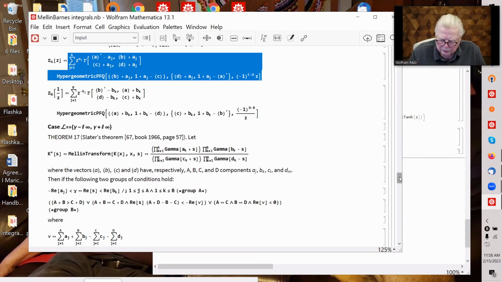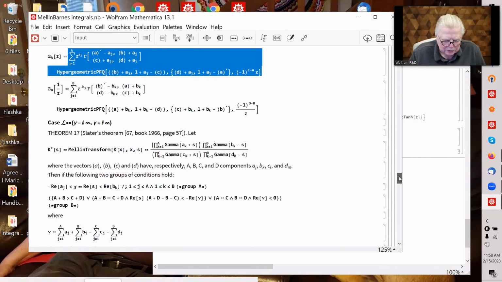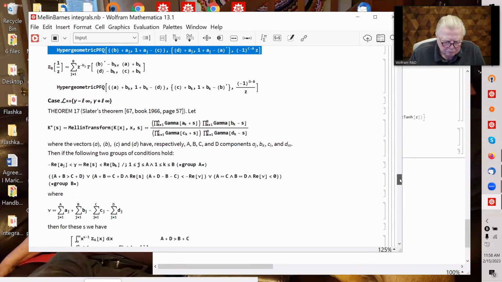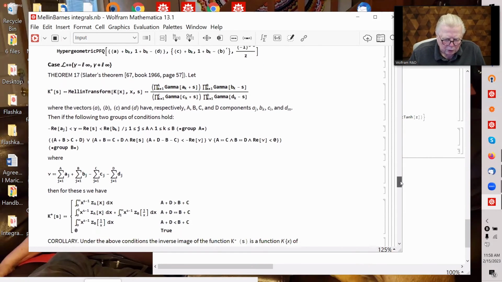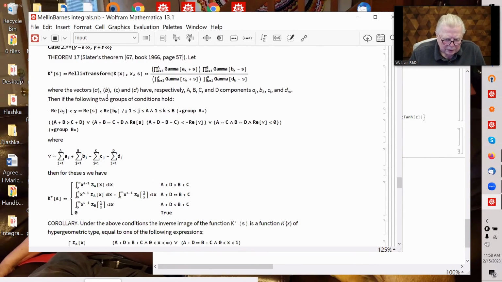Below, I will demonstrate how to get these results. Before that, I will tell you that there exists Theorem 17, which I proved in this book, and reproved on page 57.